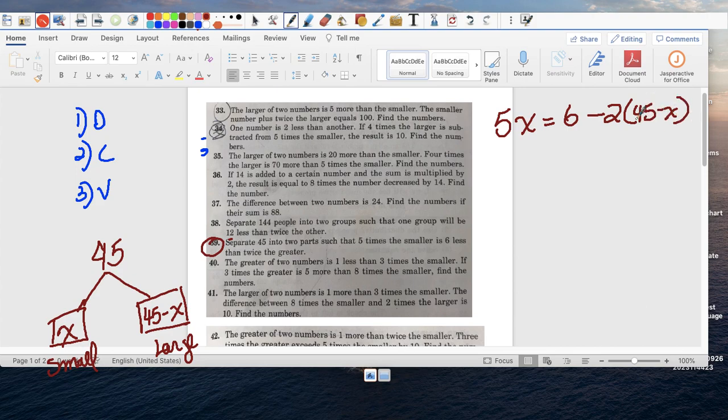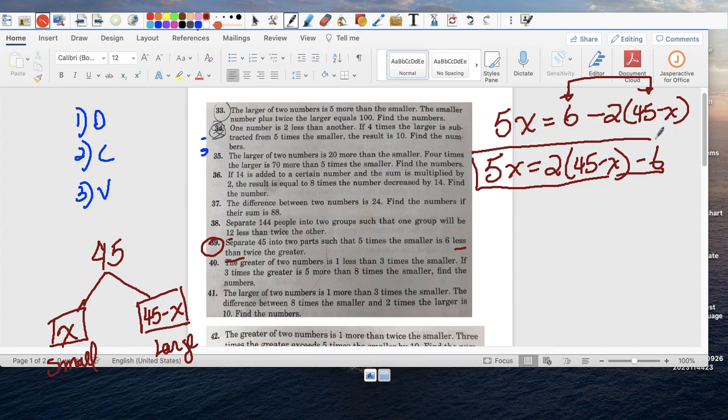That's literally the translation step by step, part by part in the sentence. Now I'm going to make the adjustment because the word is less than, so these two terms have to switch places. So we get 5x equals 2 times 45 minus x, minus 6. There, that's the equation.